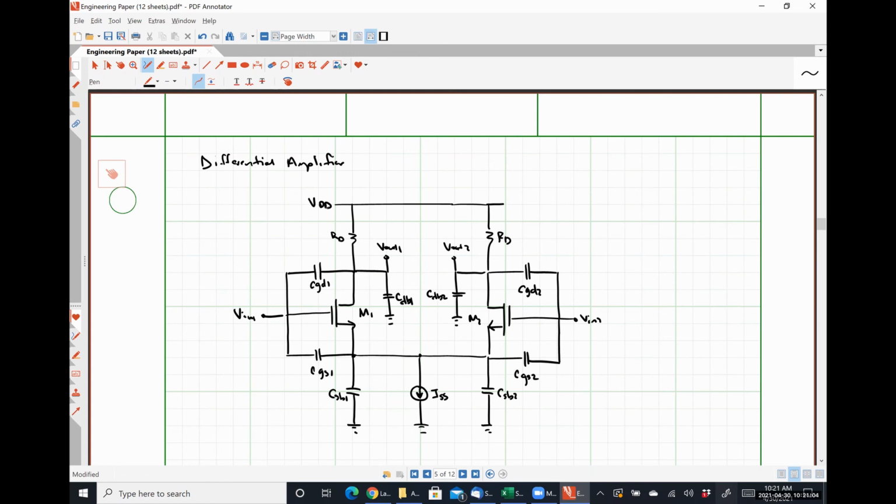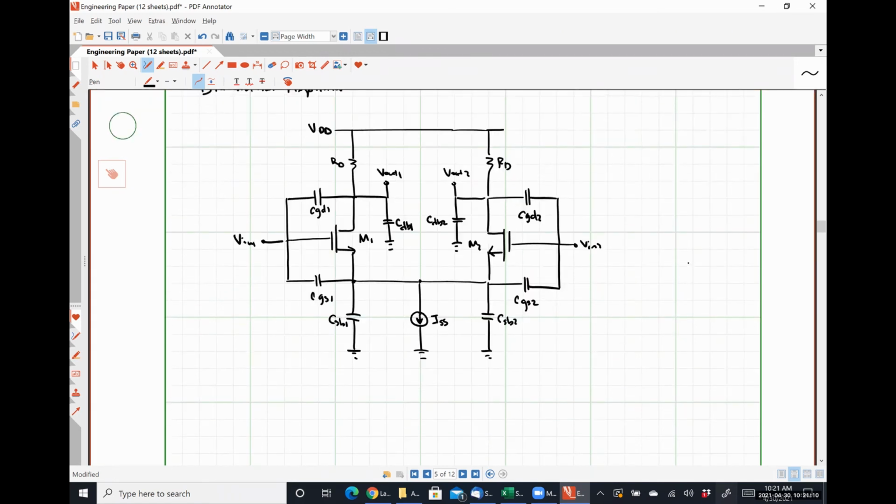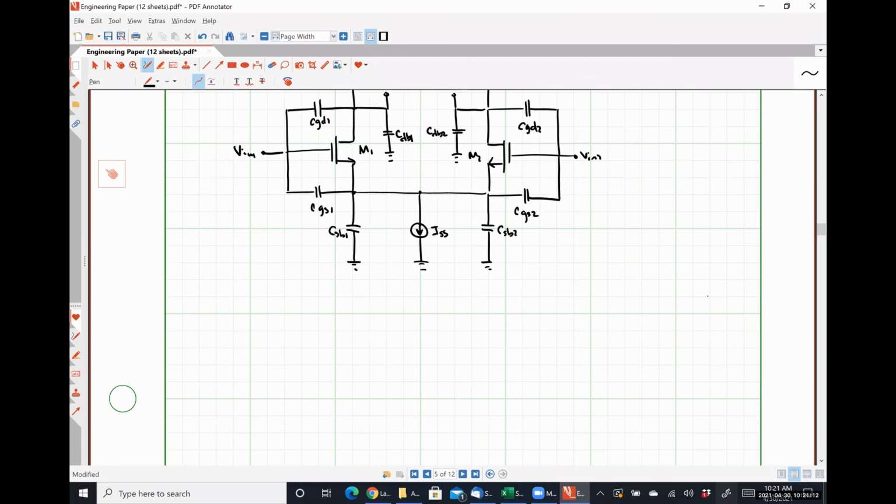So we could still analyze this using a half circuit method. Our half circuit becomes this.